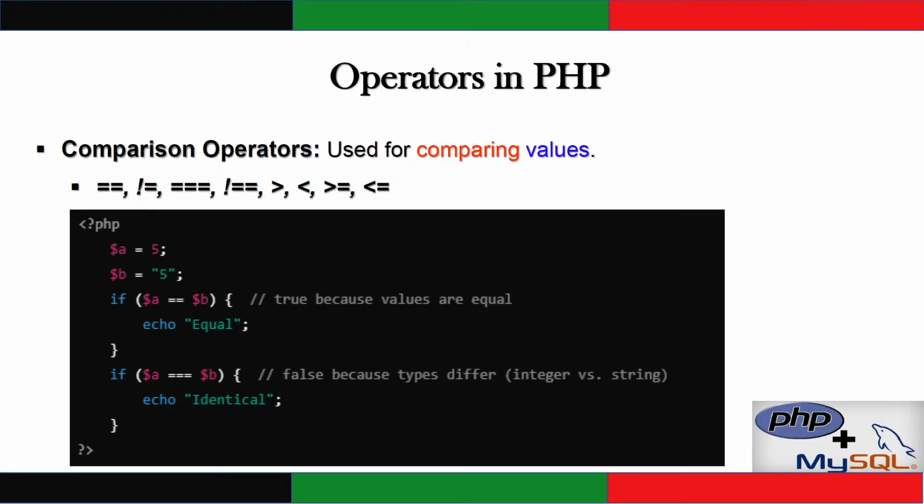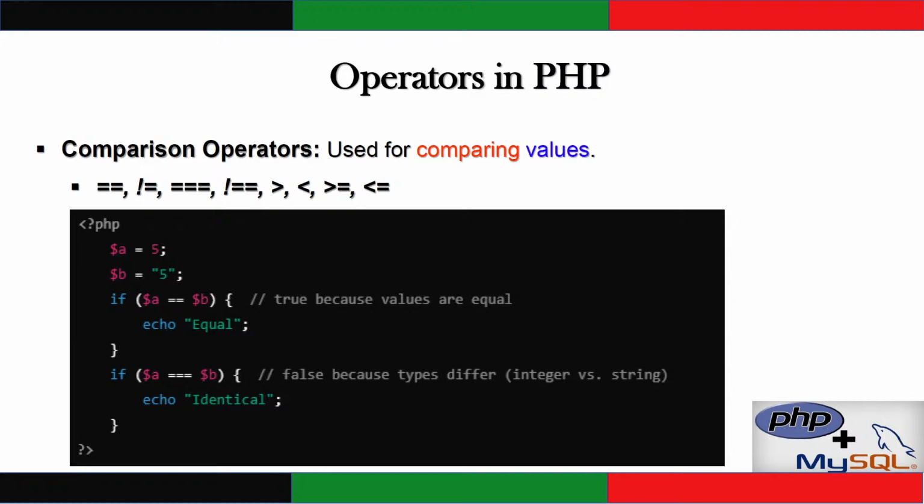We want to know whether operand A is the same as operand B. With two equal signs, we can compare the values themselves. But when you want to also compare the data type of those values, we add the third equal sign. So three equal signs will compare the values to see if they are the same, and secondly it will compare their data types also.